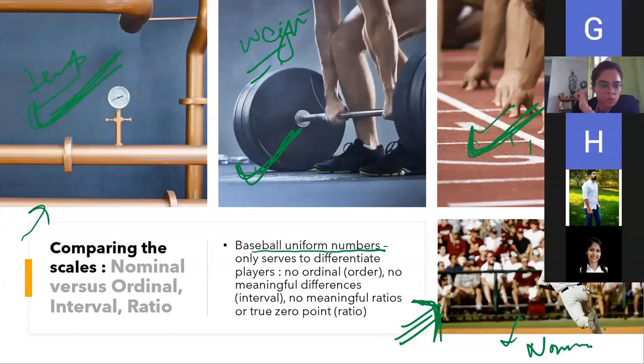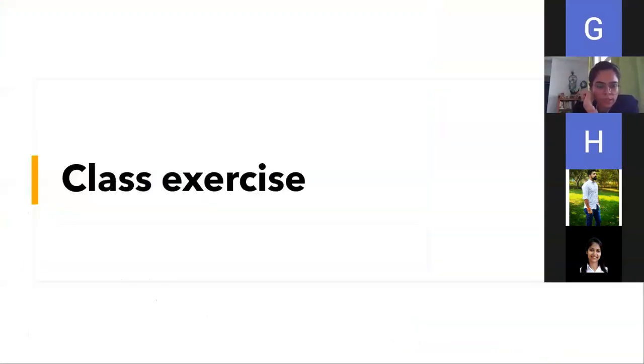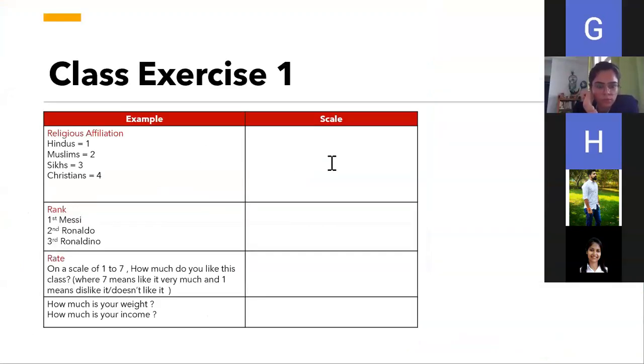Okay, so let's do one exercise. This is one example. Religious affiliation. Hindus equals 1, Muslims equals 2, Sikhs equals 3, Christians equals 4. Can you tell me what scale this is? Nominal. Right.